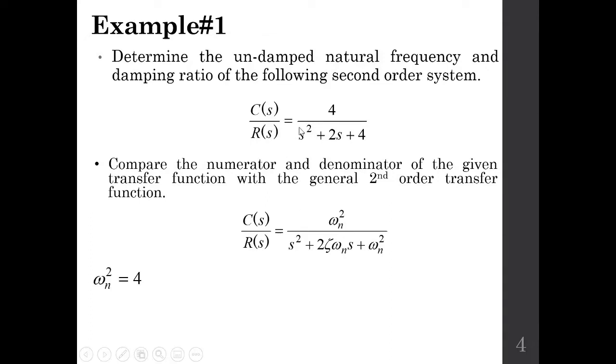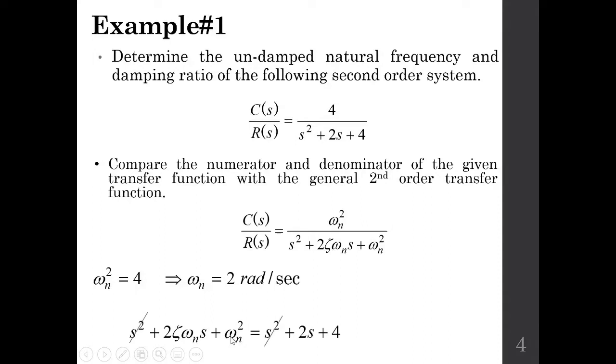After comparing these two equations, we can say that omega_n^2 equals 4. So taking the square root, we can find out omega_n equals 2 radians per second. Now, if we compare the second term of this equation with the generic form, we can say that 2 zeta omega_n s equals 2s.